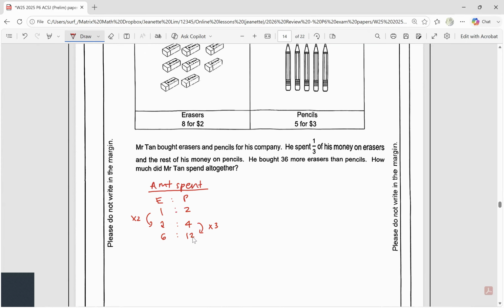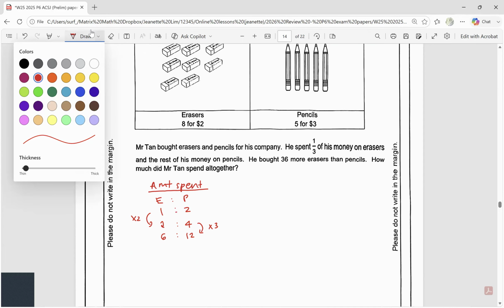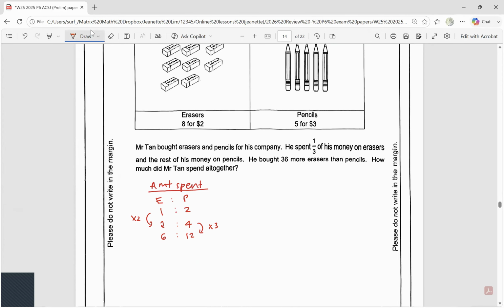Okay, this is the amount for one group. One group where you have $6 of erasers and $12 of pencils.